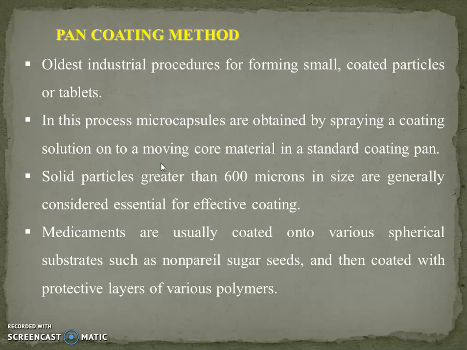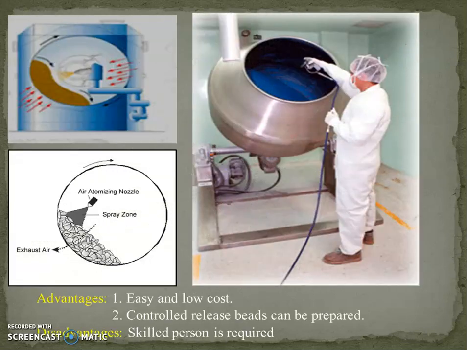This pan may be used to apply a thin coating over the surface of a core material. In the standard coating pan, the bed of powder is rotated inside the pan and the coating solution is sprayed over the surface of core material with the help of a spraying gun.